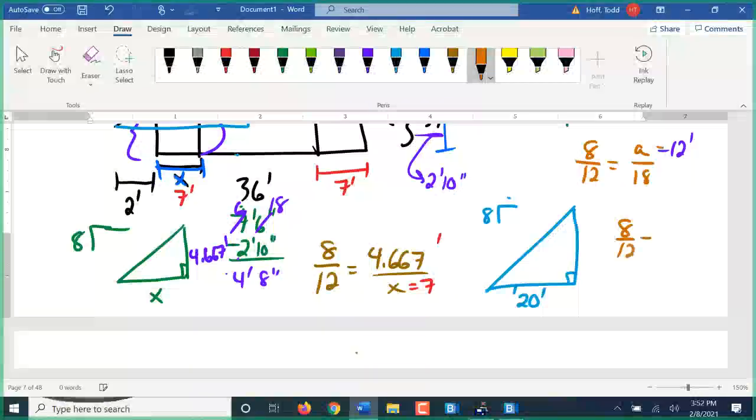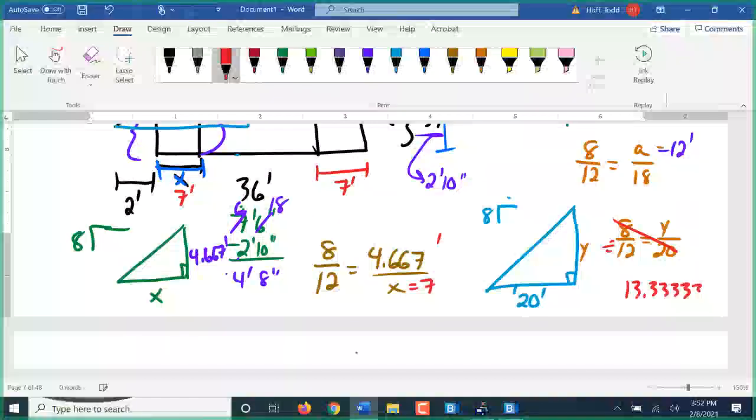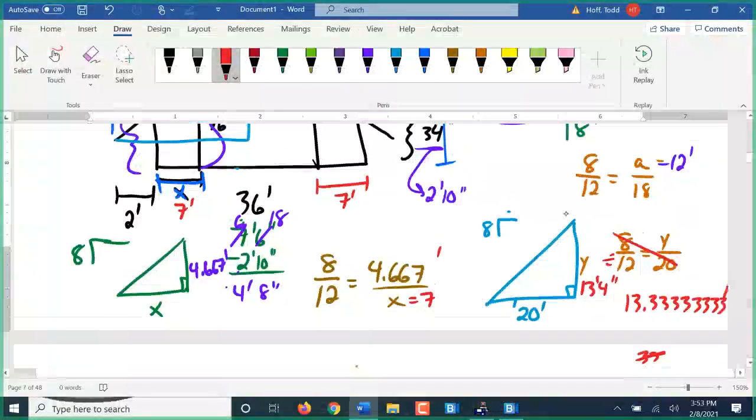8 over 12 equals, we'll call that height Y over 20. Cross multiply and divide. Thirteen and 1/3 is 13.33. So this is the top chord length.